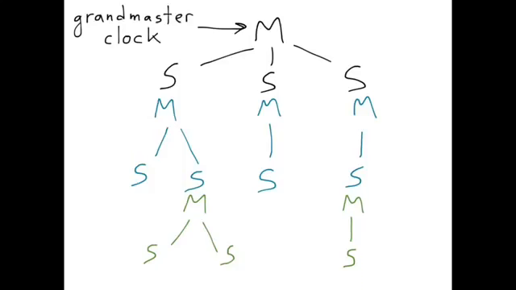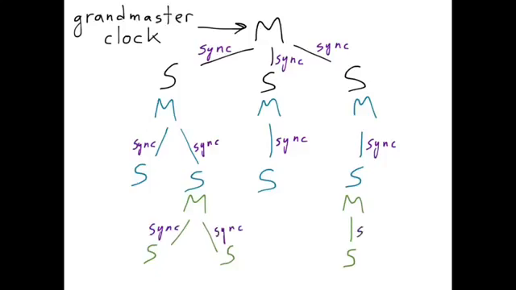This works by having first the clocks in the second level of the hierarchy synchronized with the Grandmaster clock. Next, the clocks in the third level of the hierarchy synchronize with their masters, which are the clocks of the second level. This continues until synchronization is achieved through all levels of the hierarchy.